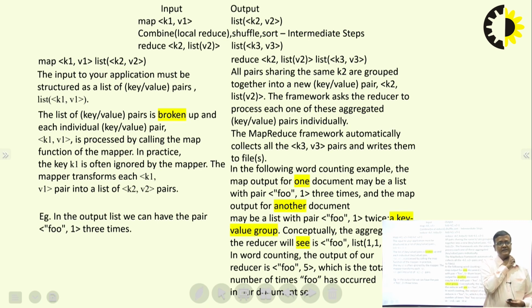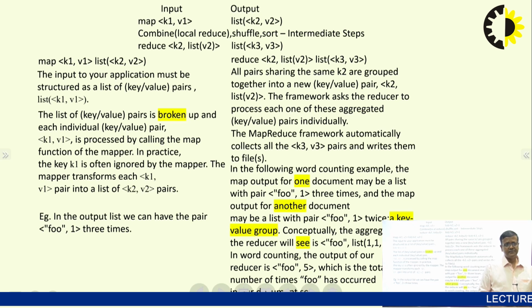Now, after we get the map output, the intermediate steps are performed, which are the combine and sorting operations, which inherently involve the shuffle operations. The reducer input is a pair of keys and a list of values corresponding to the same key, and then we get an output as a list of key value pairs.